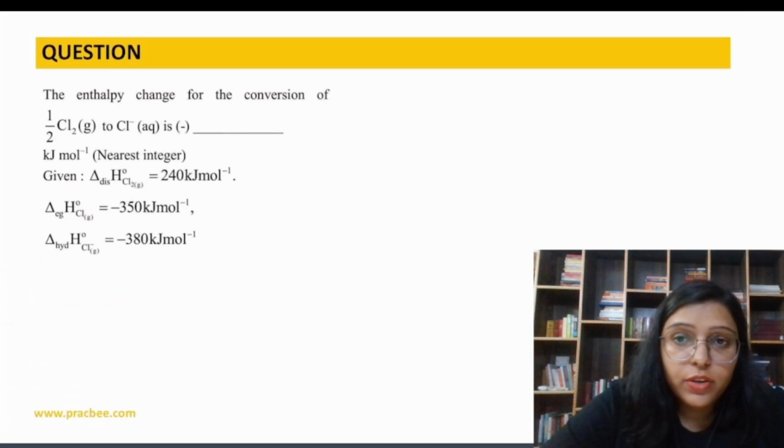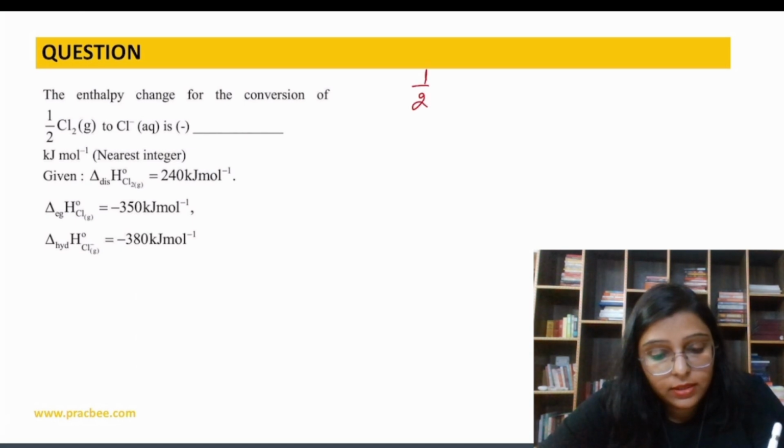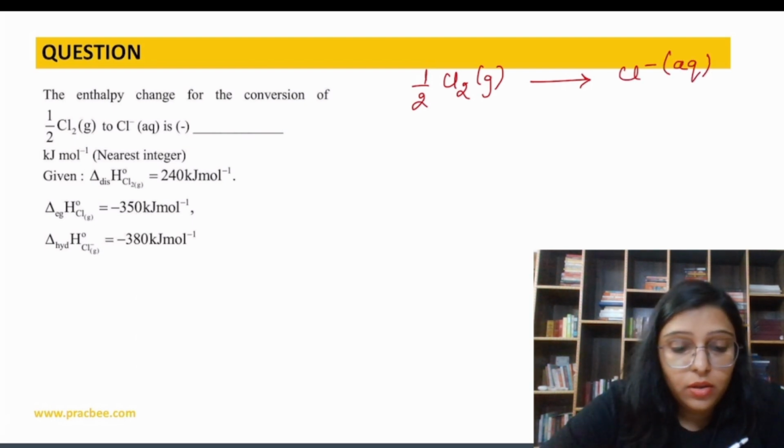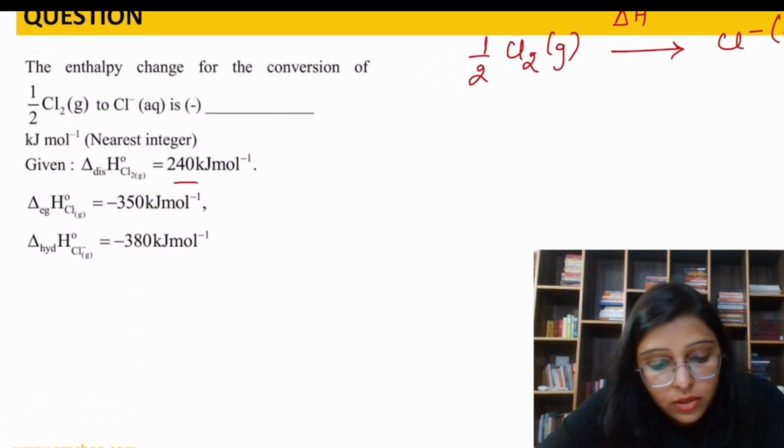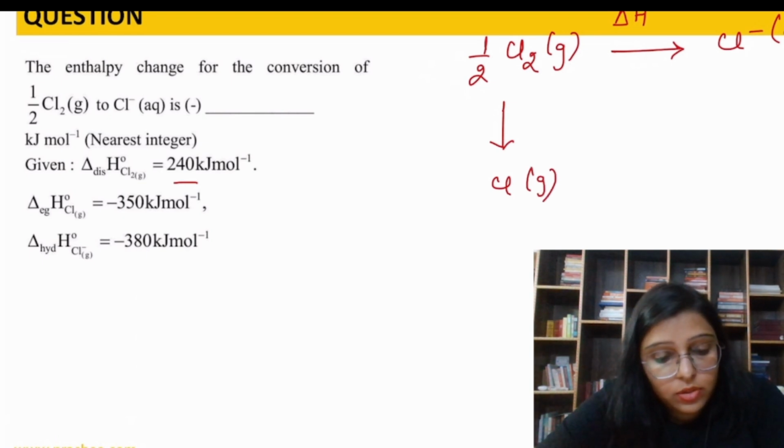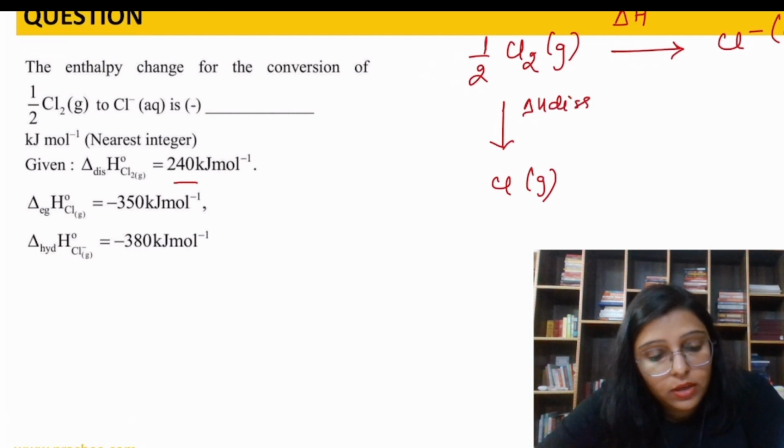The enthalpy change for the conversion of half Cl2 gas to Cl minus aqueous. Okay, fine. We have to find out the enthalpy change for this one, delta H. Now dissociation enthalpy is given, see, 240. So if I want to dissociate, we need Cl. So see, energy required is bond dissociation energy divided by 2, or we can say enthalpy of dissociation divided by 2.